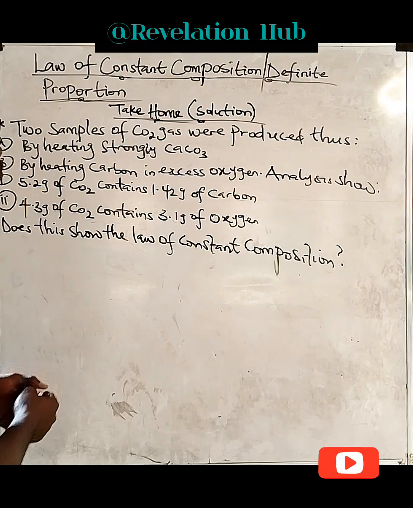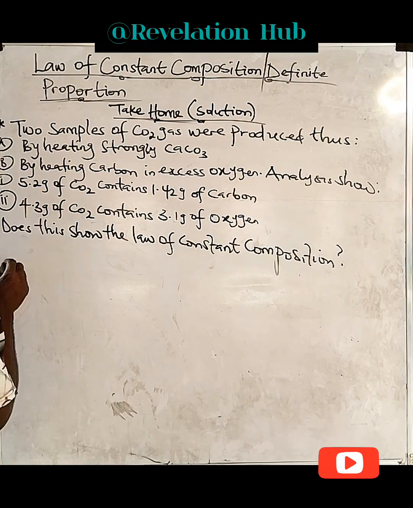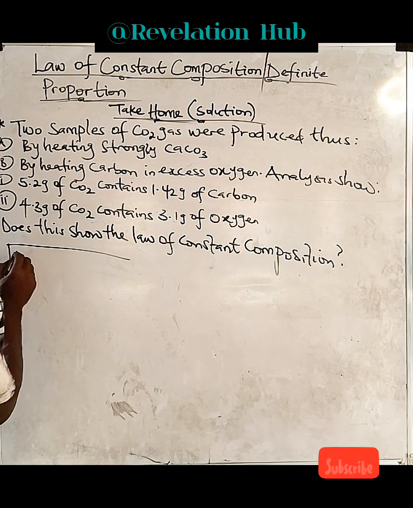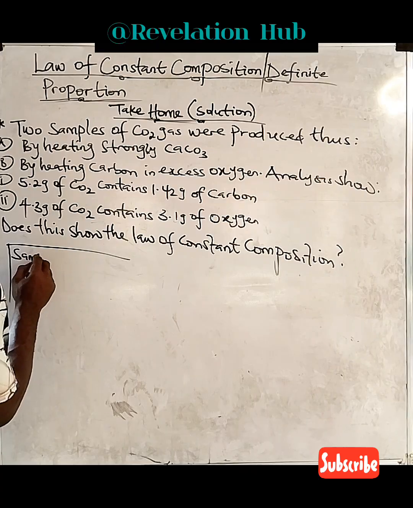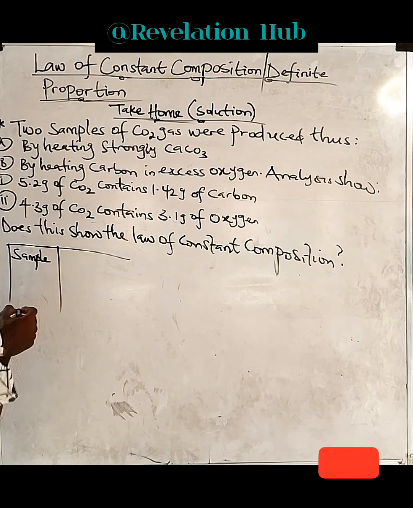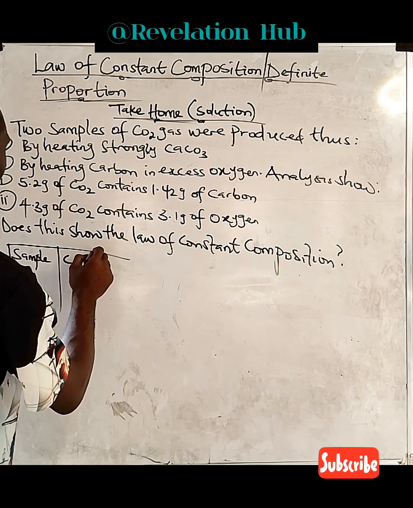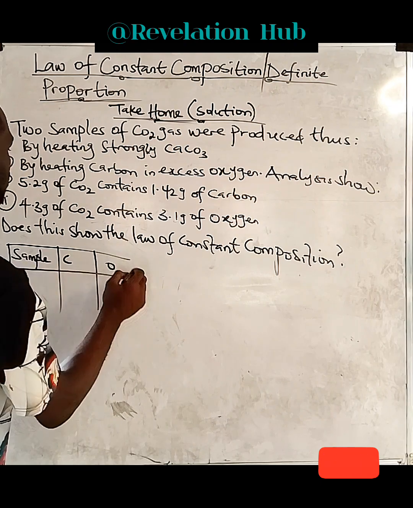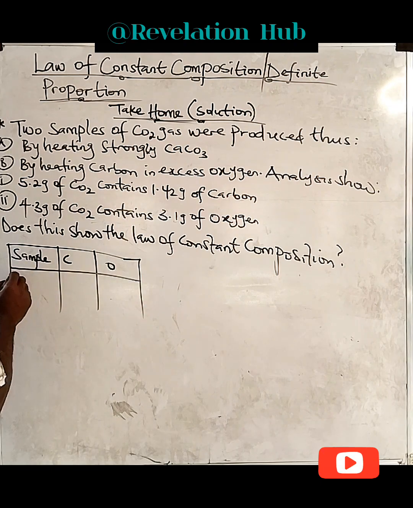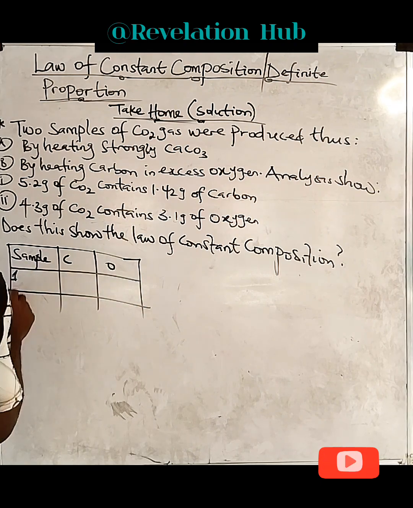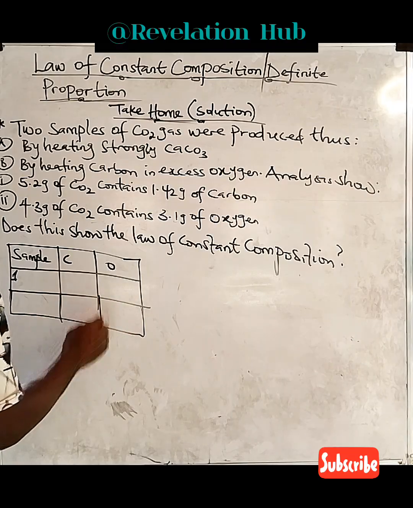That's the question. First of all, we're going to bring out our table. This is our table. First of all, we have the samples, and then we're talking about CO2 gas. We have carbon here, and then we have oxygen. CO2 is made up of carbon and oxygen. So the first sample, and then the second sample.